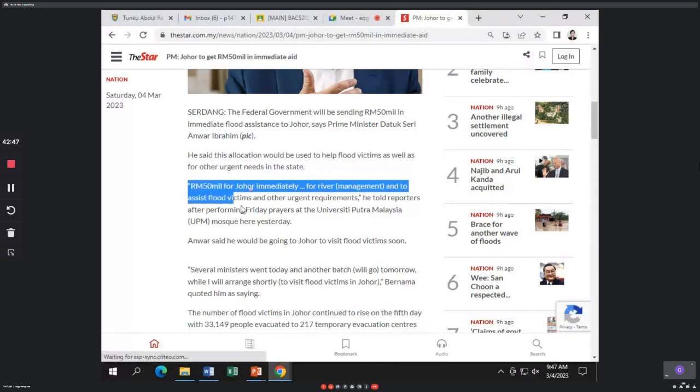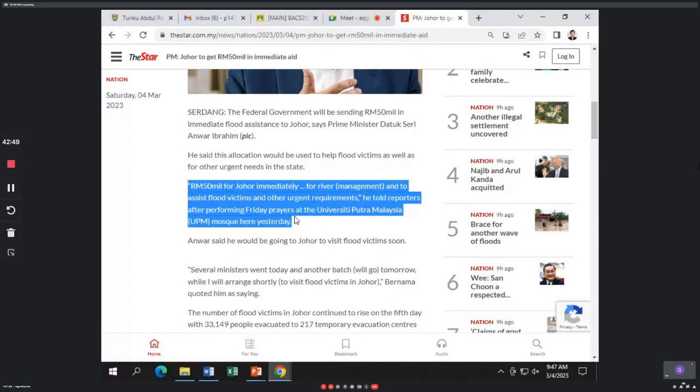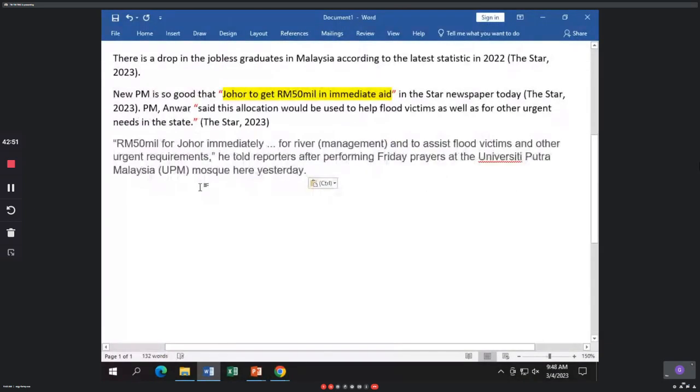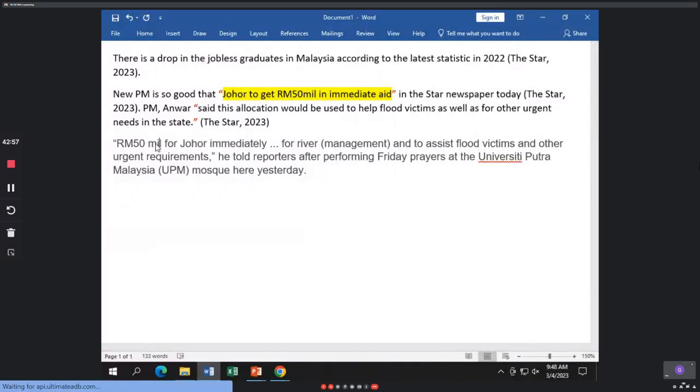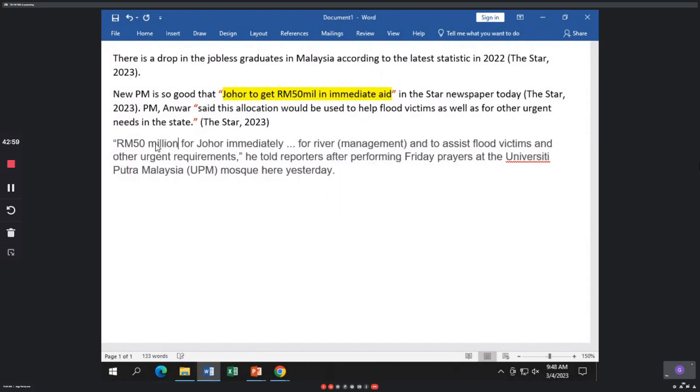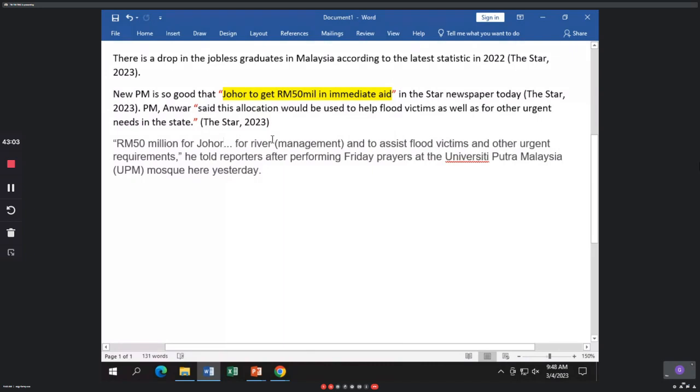They copy and paste this into their assignment, then they say 50 million for Johor, and then they put in their own words.